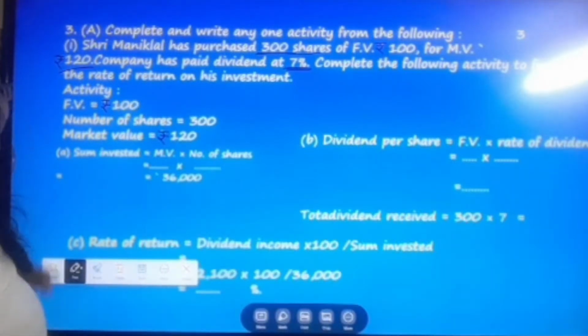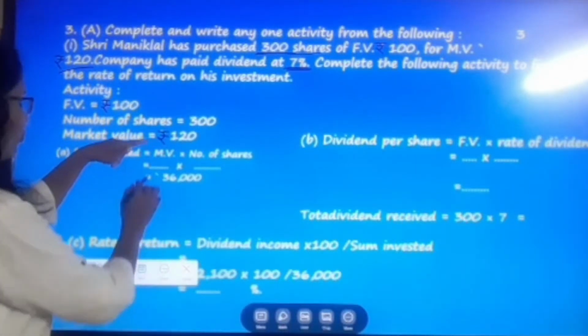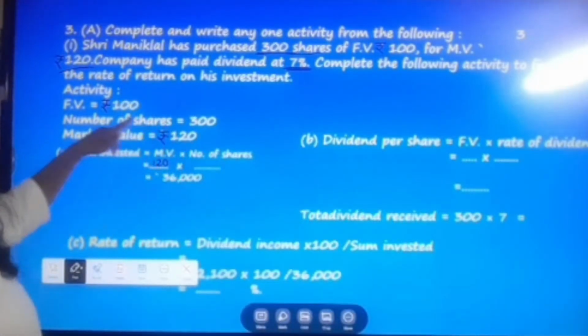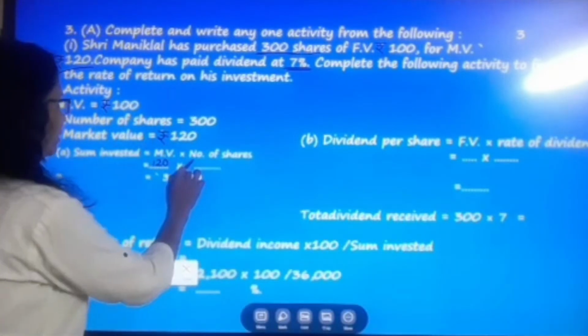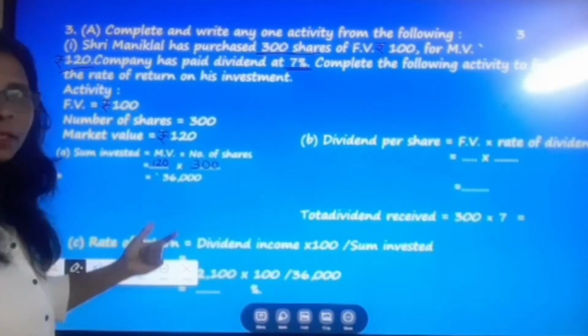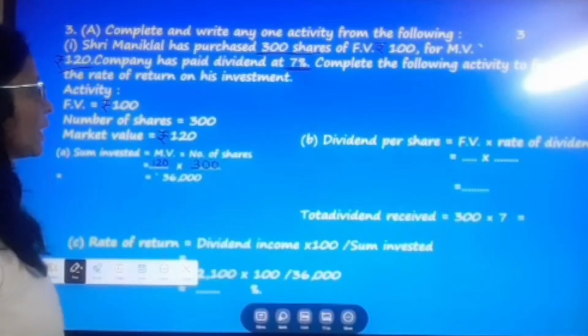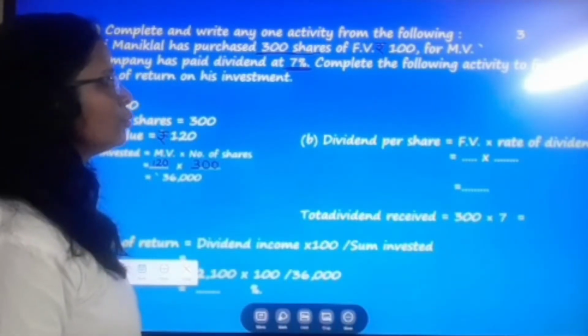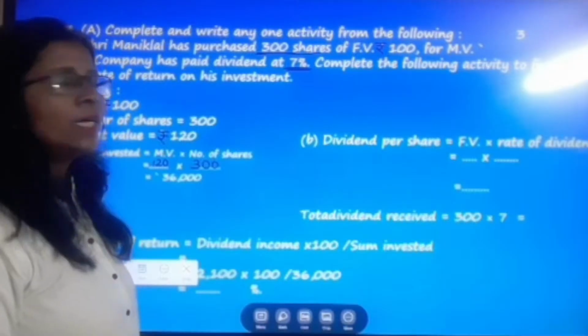Market value is 120, multiply number of shares, 300. So the answer is 36,000.